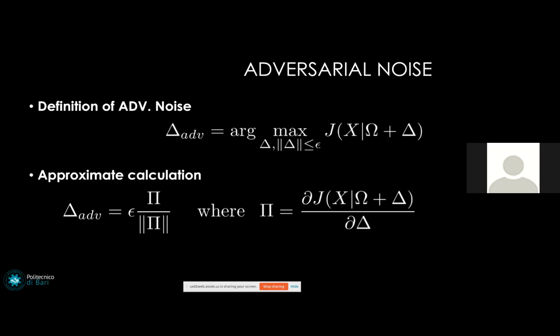To do so, we define adversarial noise according to this formulation, which is to maximize my loss function while adding noise to the model parameters. And this noise is epsilon constrained. So epsilon defines the budget or the power of this attack. And the calculation of adversarial noise can be approximated by the subsequent equation, as you can see in this slide.